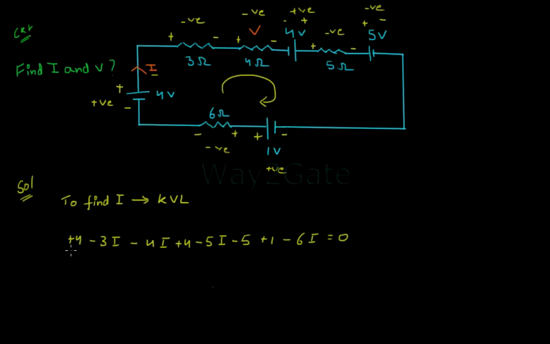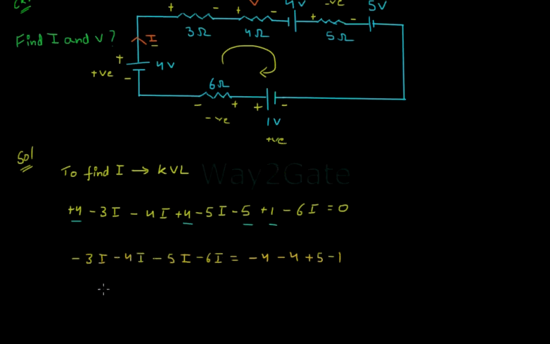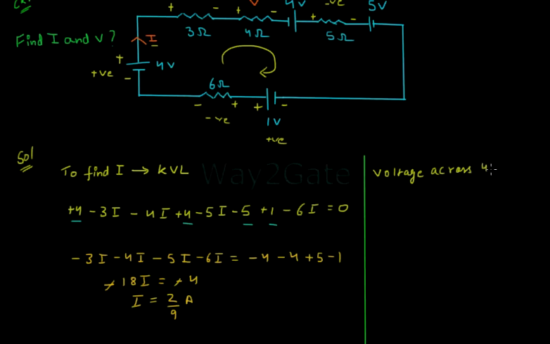On taking value of voltage to the left hand side, we will get I is equal to 2 by 9. Voltage across 4 ohm resistor can be found out using Ohm's law.